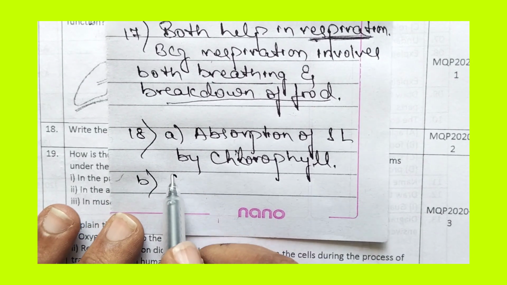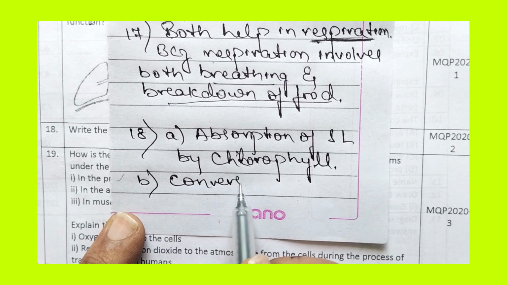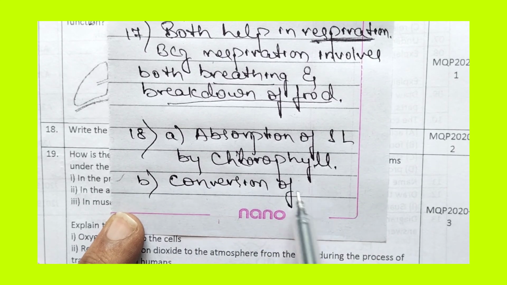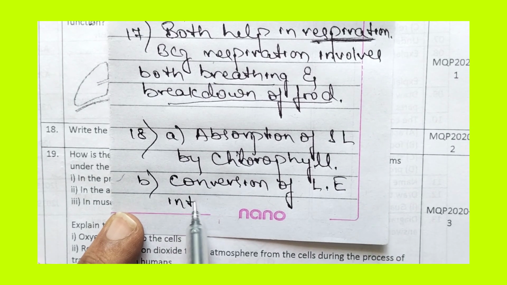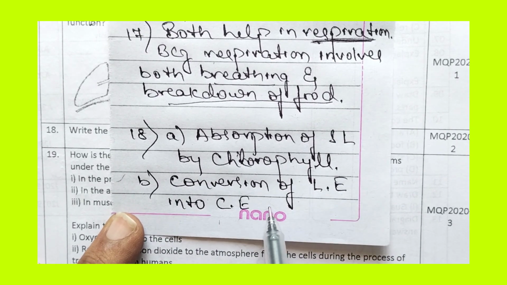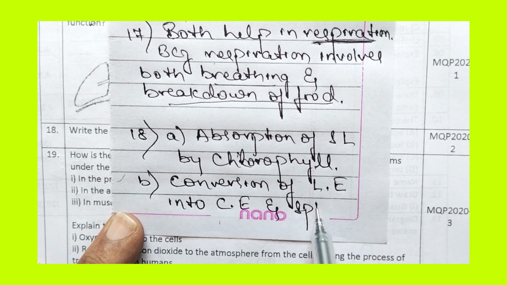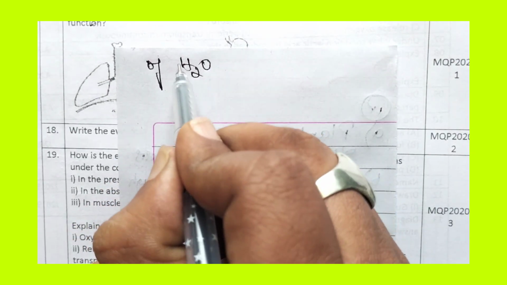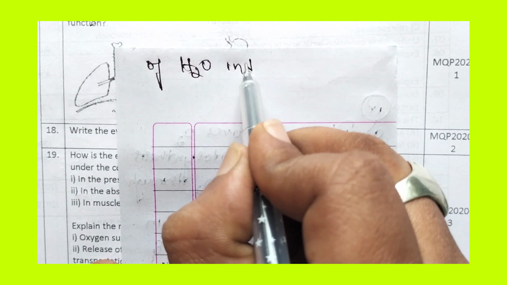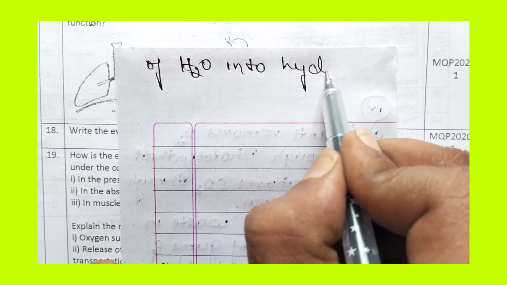Then second one is conversion of light energy into chemical energy and splitting of water into hydrogen and oxygen.